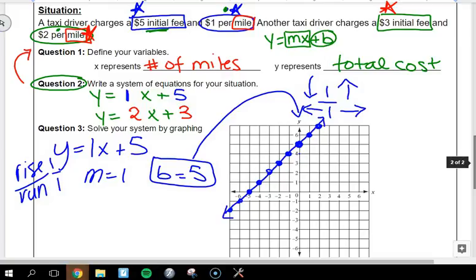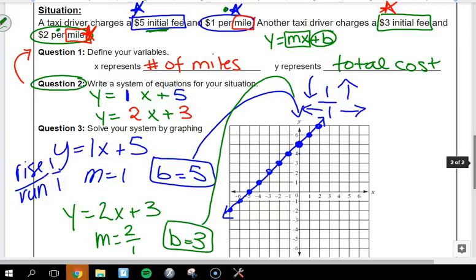All right, and then the next equation, we had y equals 2x plus 3. M is 2, you can write it as a fraction of 2 over 1, and our b is 3. The b, again, goes on this y-axis at 3. Slope is 2 over 1, which means we have a rise of 2 up 2, right 1.